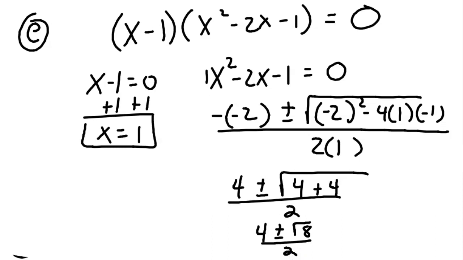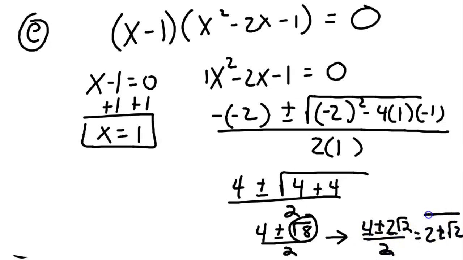All right, then we break down our square root. And in this case, we can reduce the 4, 2, and 2. And we end up with that. So this is an irrational root because it has a square root in it. So I've got 3 real roots for this problem.